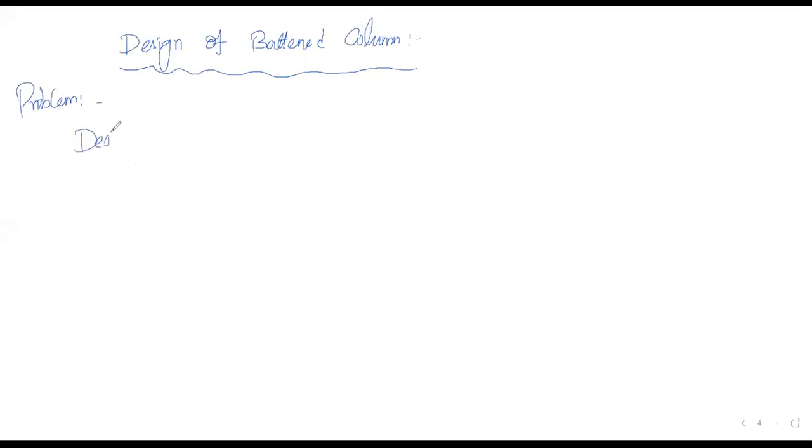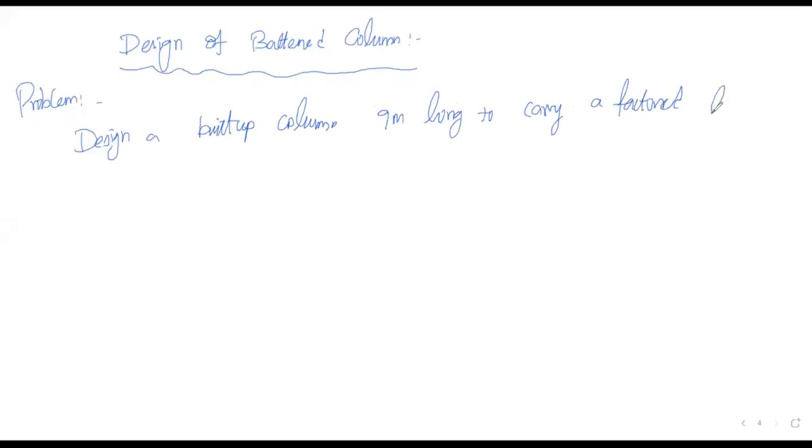Design a built up column 9 meter long to carry a factored load of 1100 kilonewton. So they have given the load P value is 1100 kilonewton.